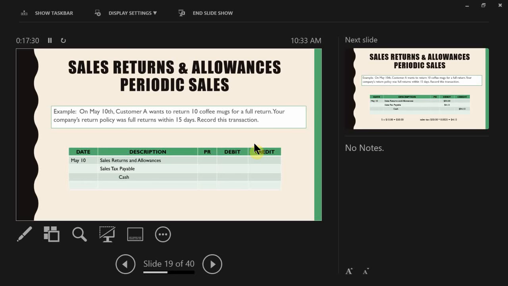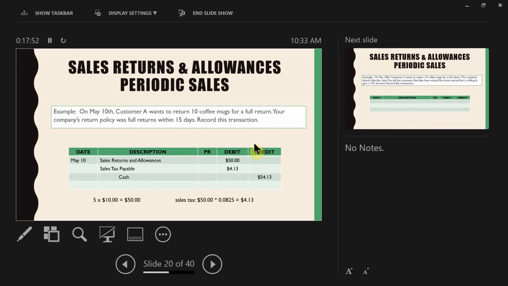We talked about this, that sales tax is not based on the quantity of items that you sold. It's based on the actual sales price. So if I'm returning $50, that means those $50 that I charged sales tax for must be refunded as well.